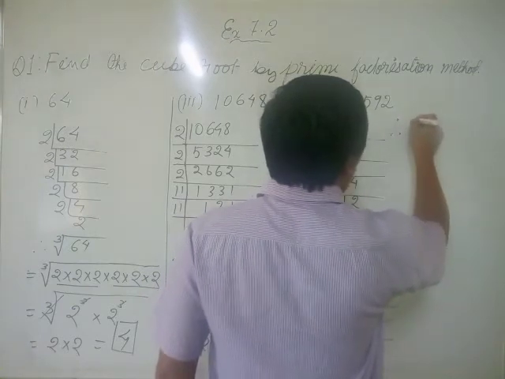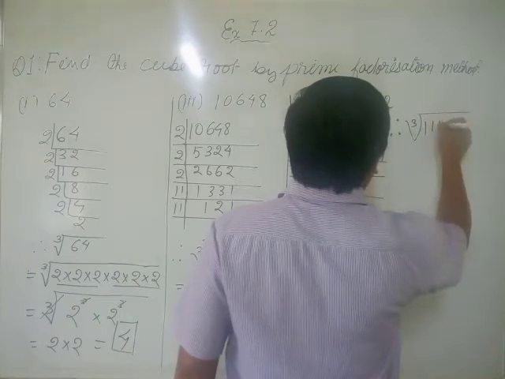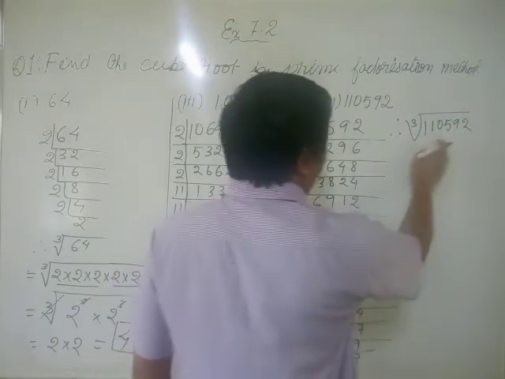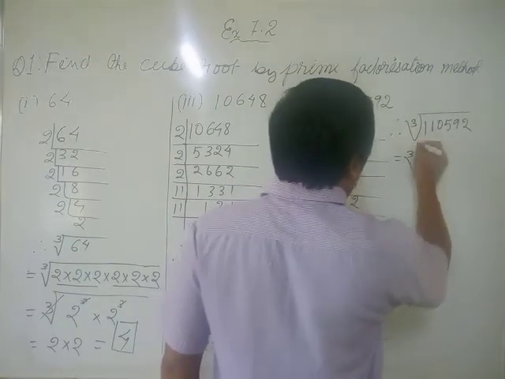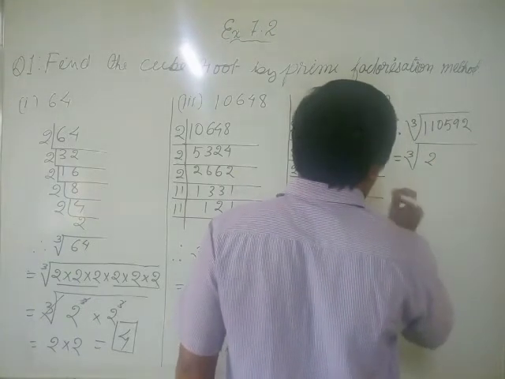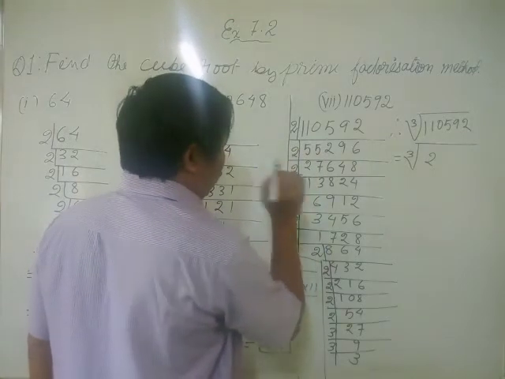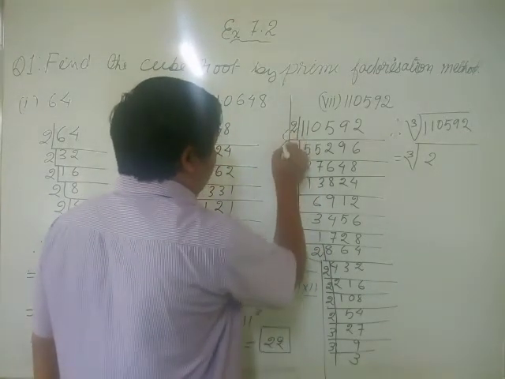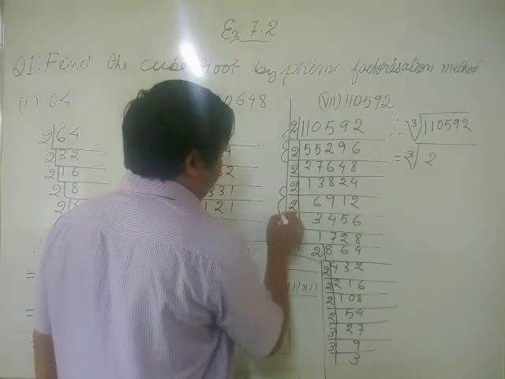Therefore, cube root of 11,592 is the cube root of 2, isn't it? 1, 2, 3. 1 we can move, isn't it? Yes. Again, 1, 2, 3.